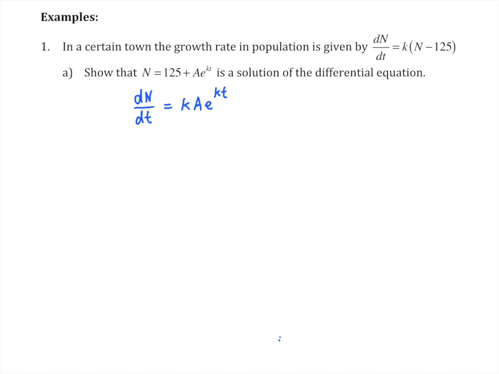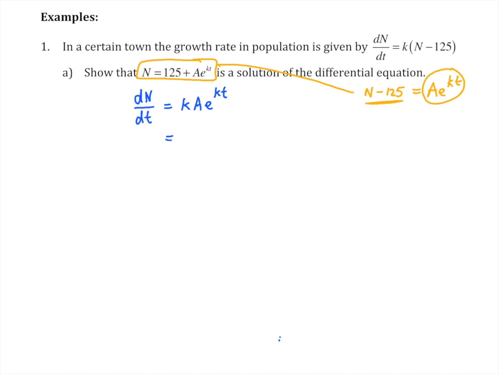But if we look at the original question up here, if I minus 125 from both sides, I end up with this. Which means another way of writing Ae^(kt) is N take 125.